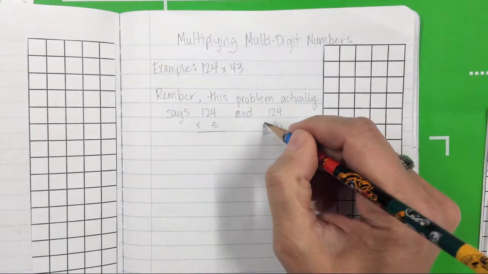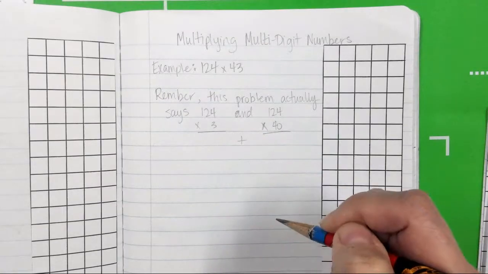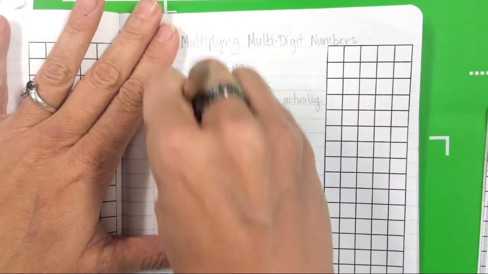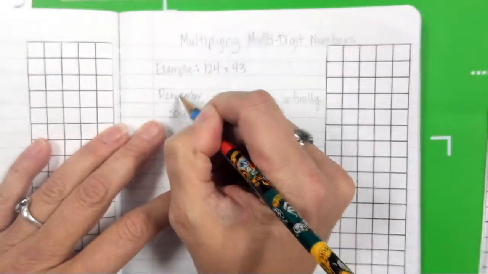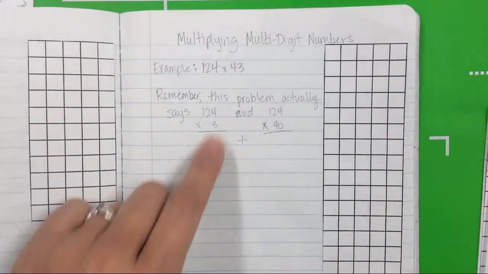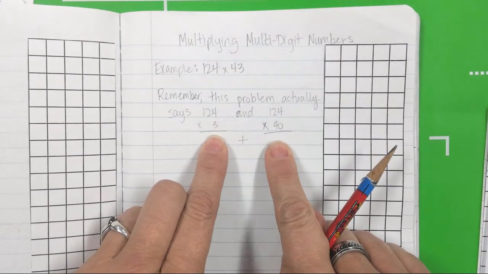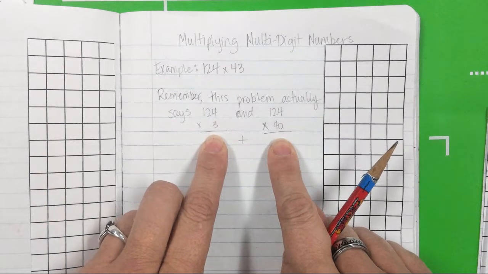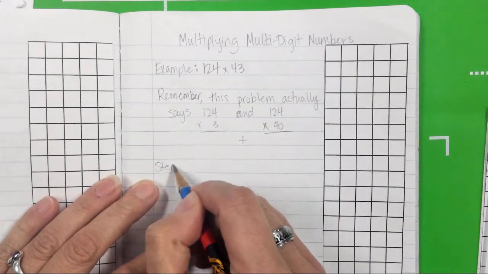And then what we do is we add these 2 answers together. So this is what this problem is actually saying. I got to multiply that 1's place, and then I got to multiply that 10's place by the value of those places.